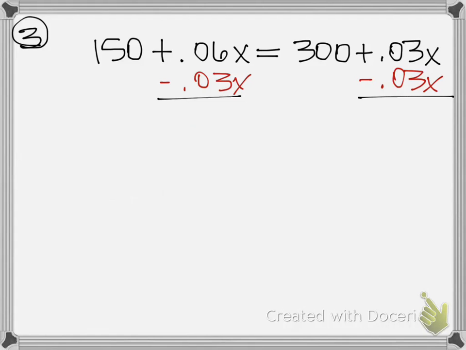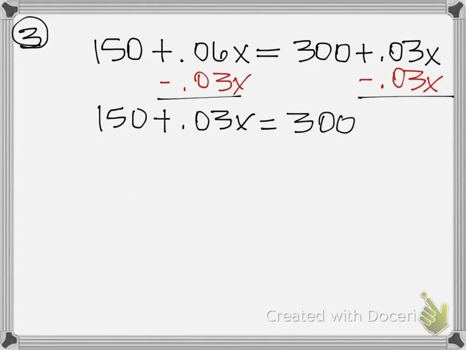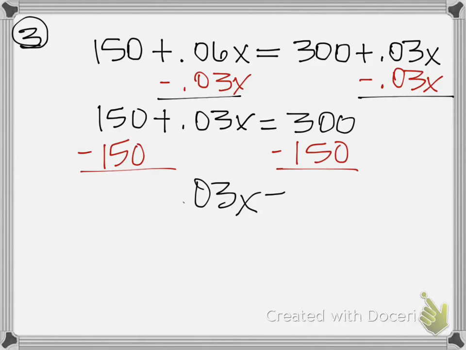And that's going to get us 150 plus 0.03x equals 300. And now I'll move the 150. And that's going to give me 0.03x equals 150.